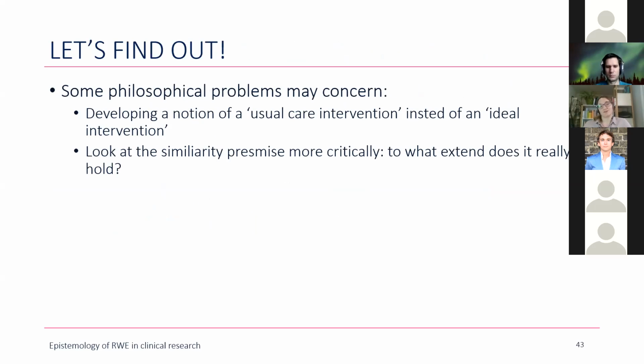For example, to develop a notion of a usual care intervention. We really want to say that pragmatic trials are interventional trials, but they cannot uphold our ideal notion of intervention. So perhaps to revise what is really going on at the level of the notion of an intervention, or also look a little more critically at this similarity premise and to what extent it really can hold when we try to extrapolate from pragmatic trials.